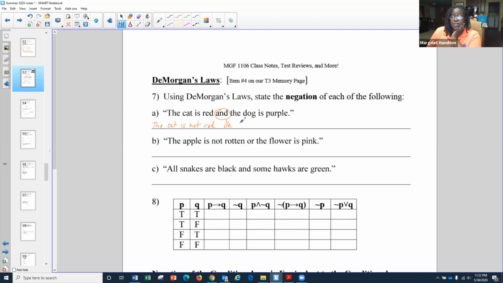We said the dog is not purple. So what did we do? We negated it, right? Change our and to or, and negated our second statement. Simple enough, right? All right, let's go ahead and roll with these.